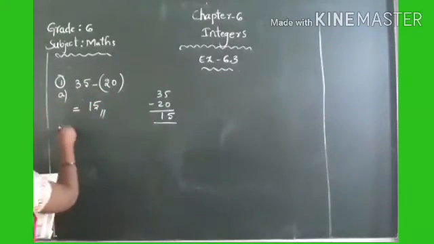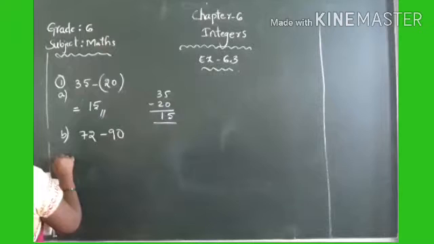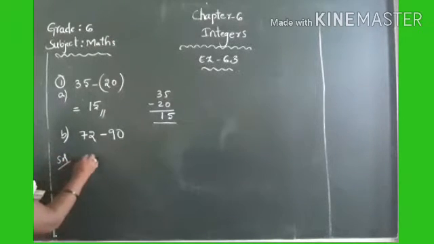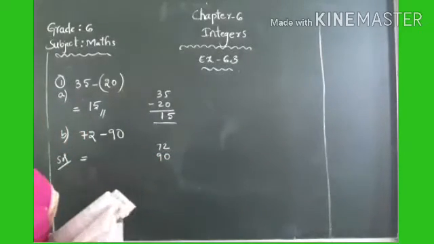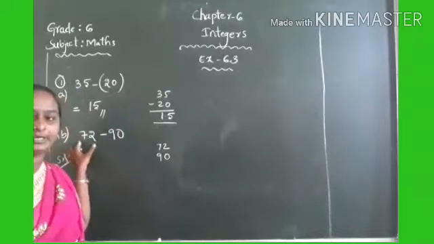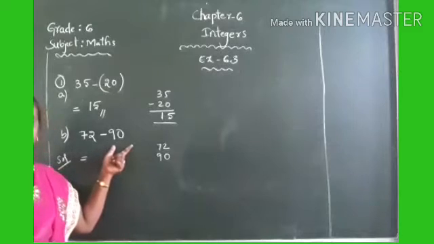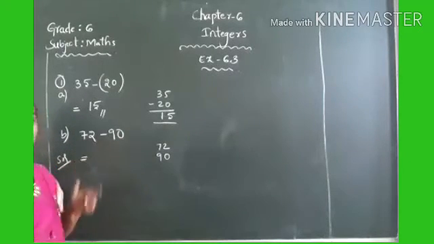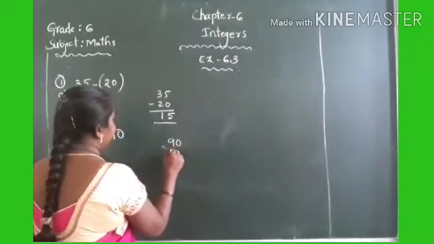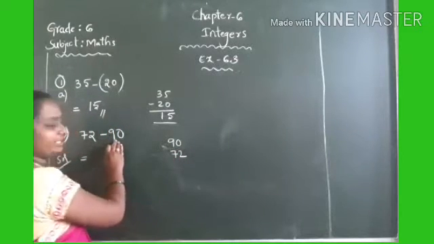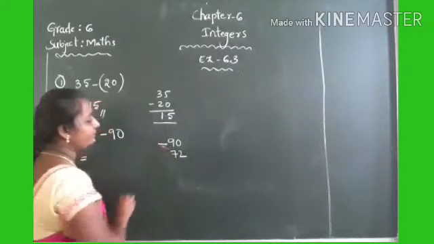Next, B1: 72 minus 90. In the same way, subtract 72 and 90. Here 72 is a lesser value than 90. So that's why you have to subtract 72 from 90. Here observe, in front of 90, which sign is there? Yes, minus. You should keep the negative sign.